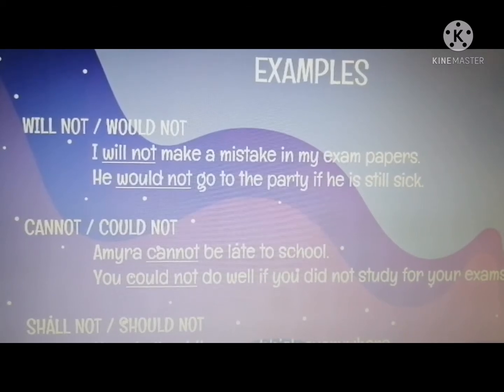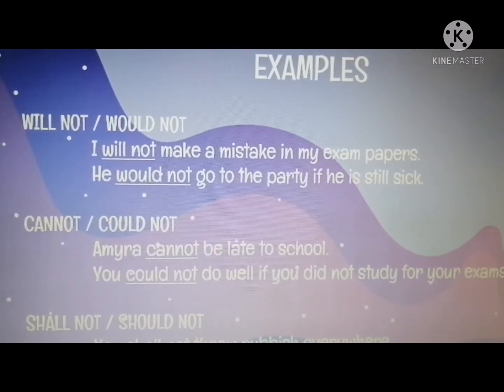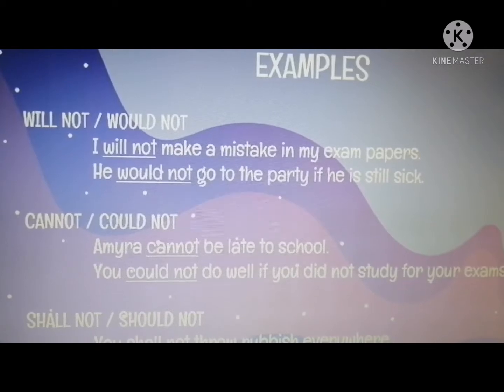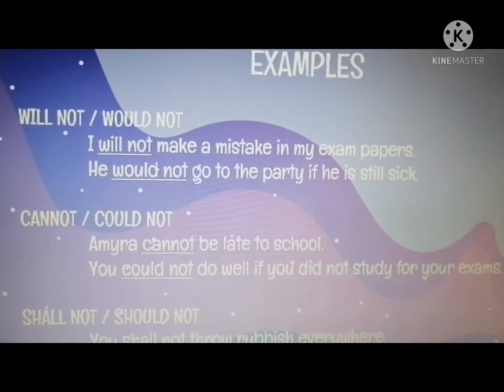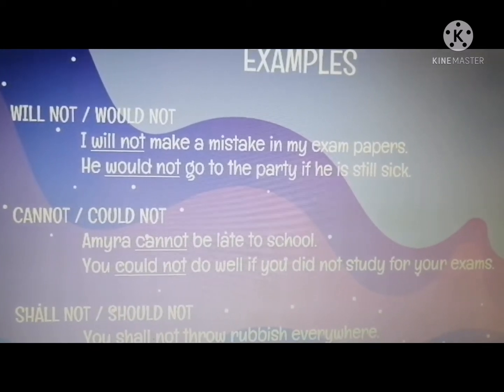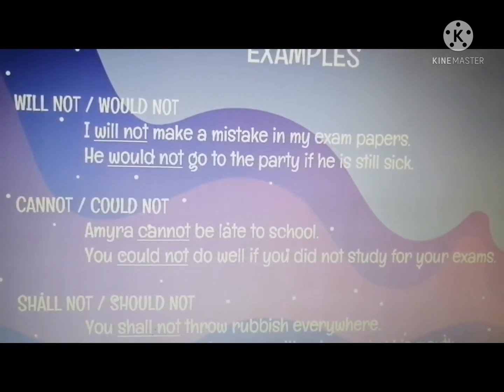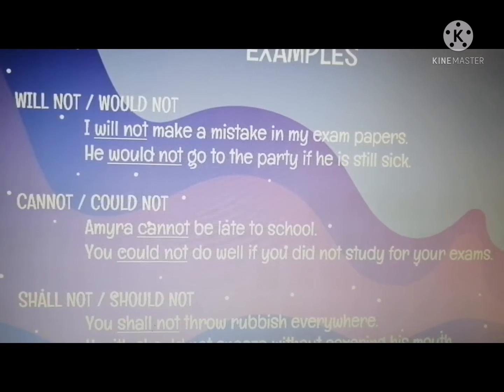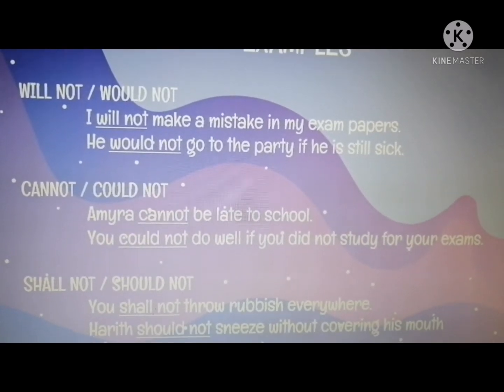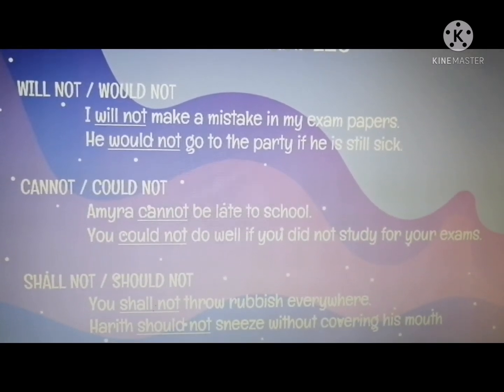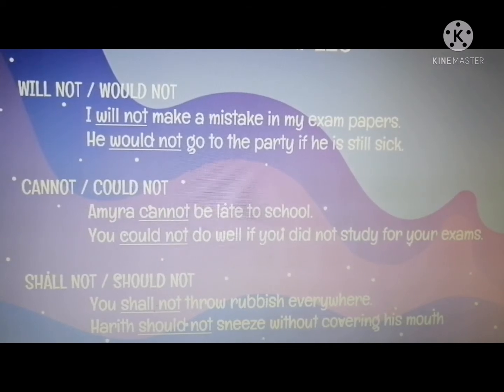Cannot, could not. Amira cannot be late to school. You could not do well if you did not study for your exams. Shall not, should not. You should not throw rubbish everywhere. Harriet should not sneeze without covering his mouth.